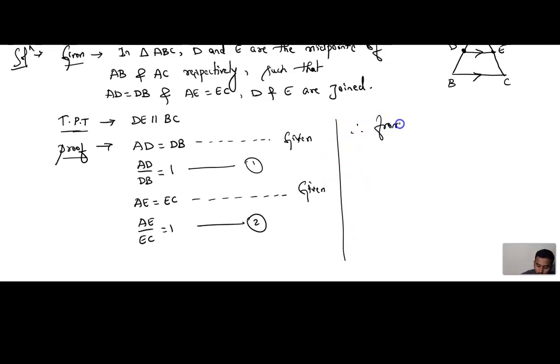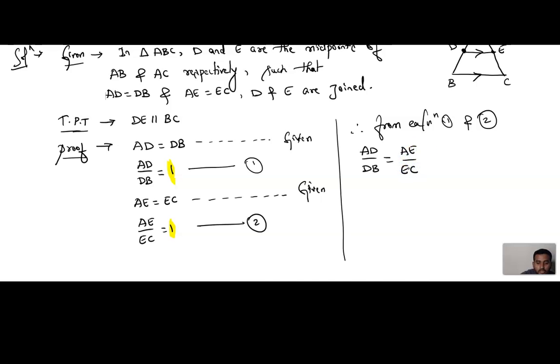Therefore, from equation 1 and equation 2, can you see both the RHS are 1 and 1? Then the LHS are also the same. That's nothing but AD by DB is equal to AE by EC.